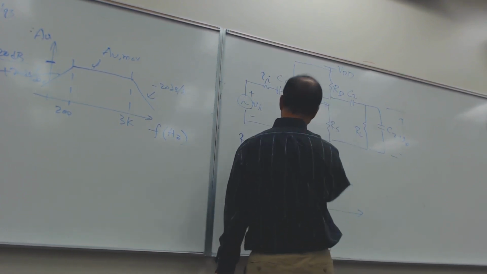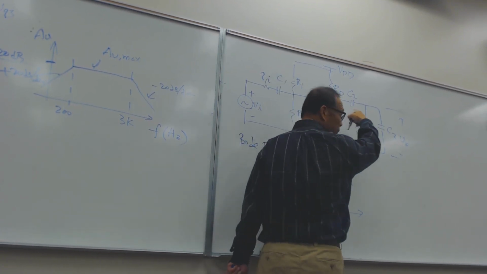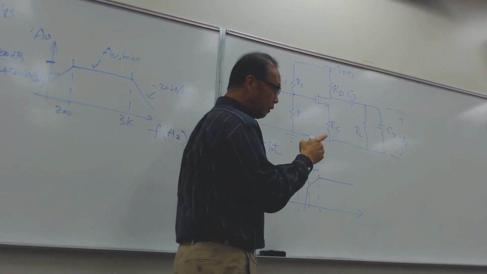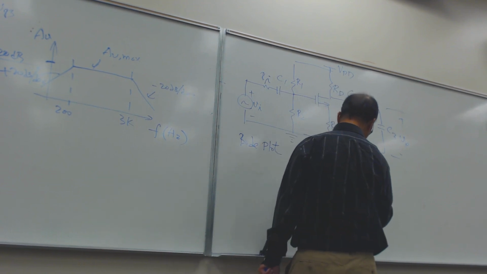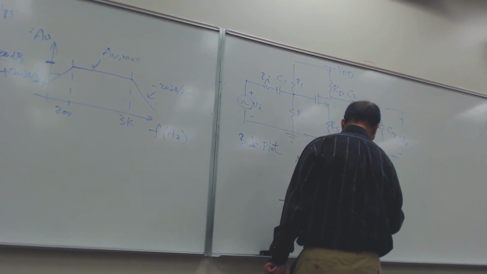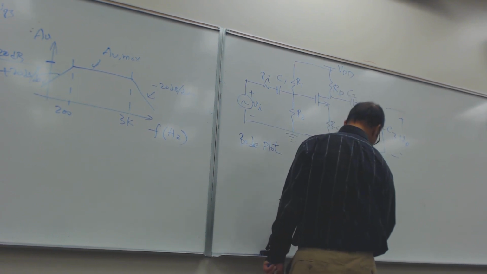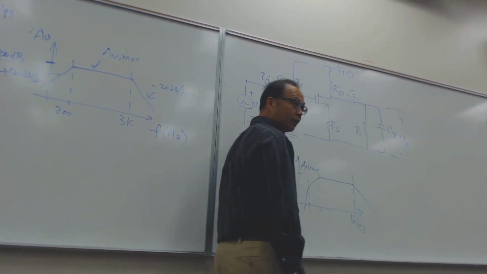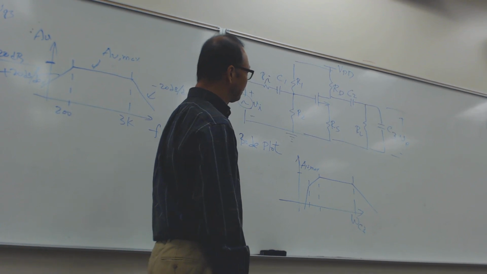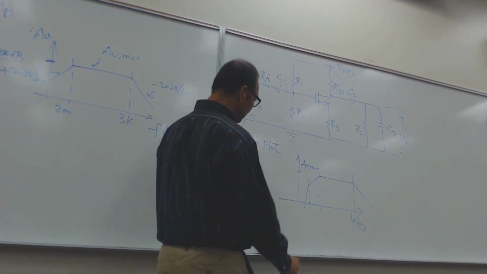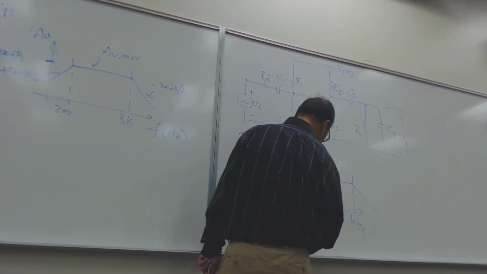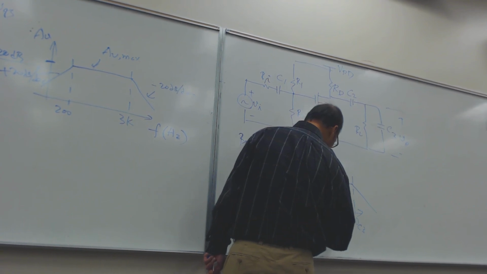I don't know which one is associated with which, it depends on the numbers. And then you have 1 in the higher frequency range, which must be associated with C3. This one is omega C1 and omega C2.